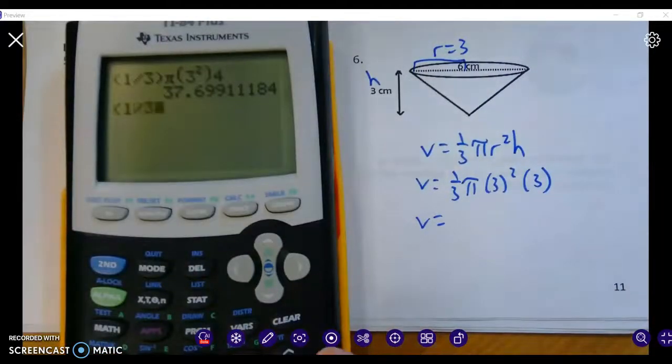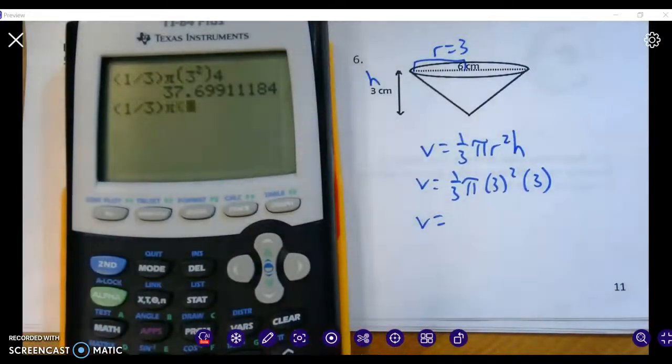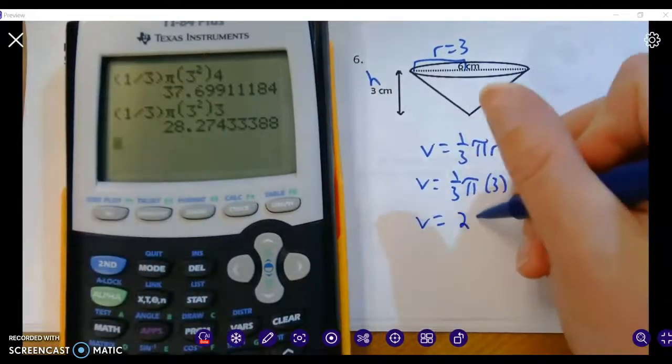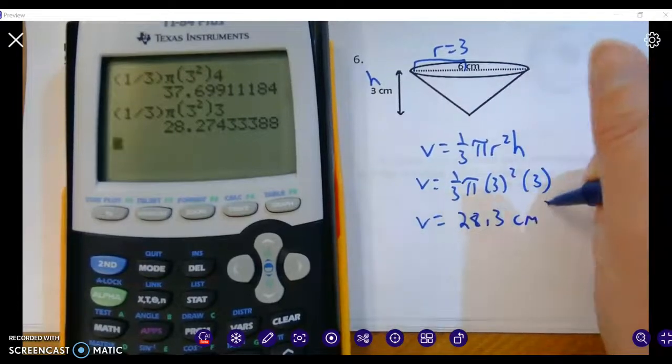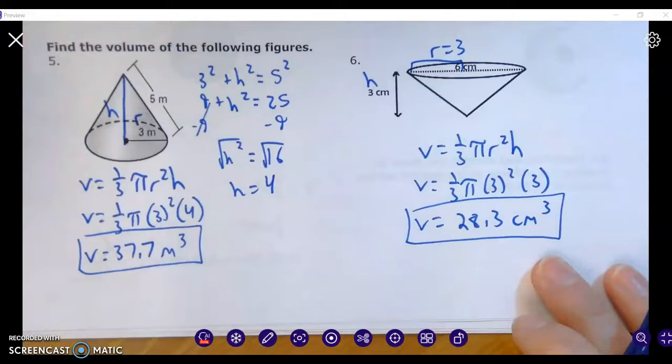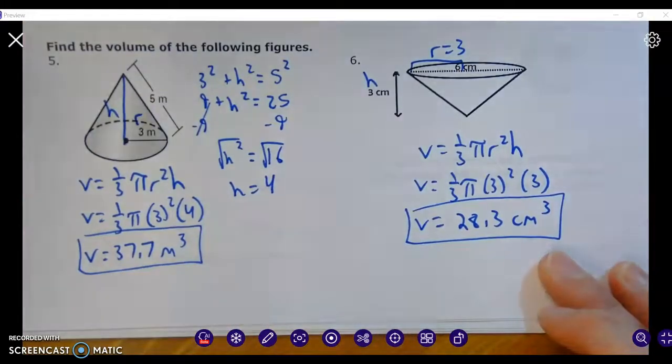So we've got 1/3 pi times 3 squared times 3, which I'm going to round to about 28.3 centimeters cubed. Okay, and that's how you find volume of a cone. Alright, so let's move on to the next page.